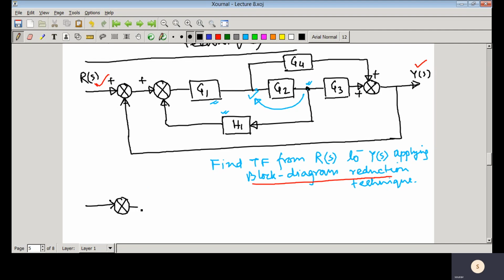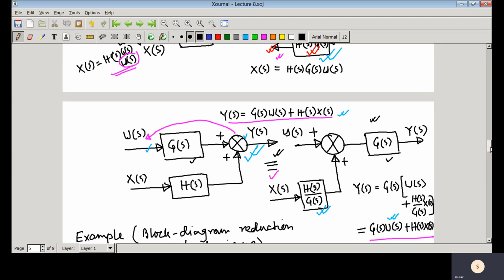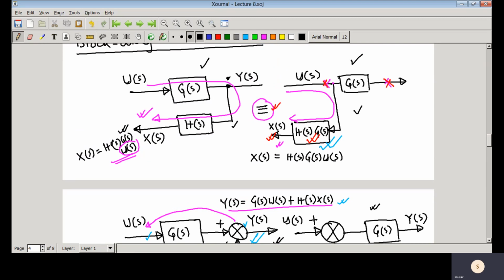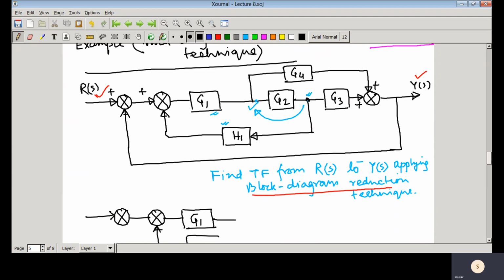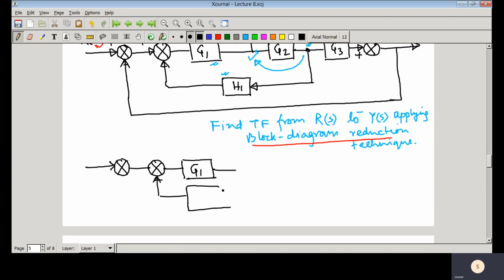This is the block diagram, these are two comparators, and here you have G1. Now we are just going to change the position of the tapping point. Whenever you change the position of the tapping point from here to here, you will have a product, as you have seen. So you have G2 into H1.